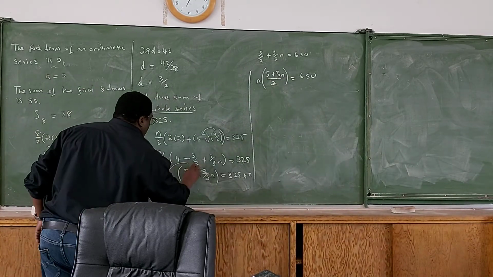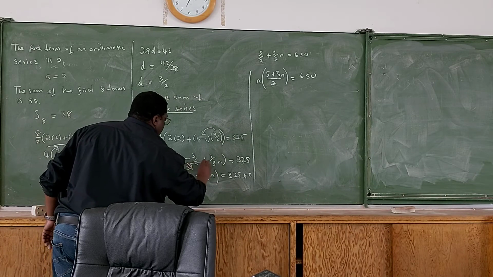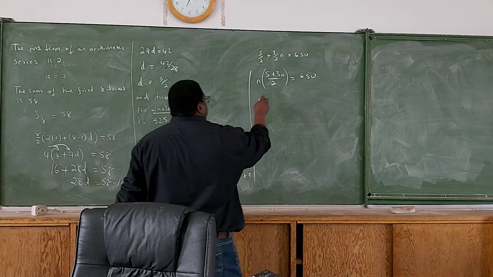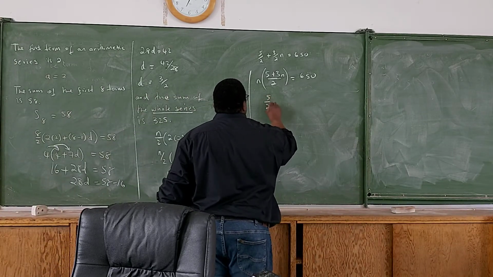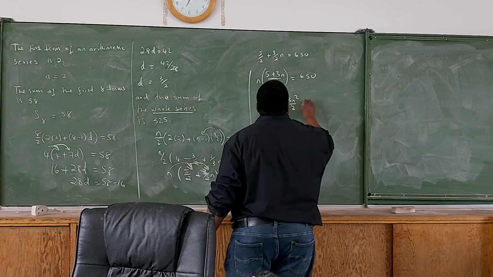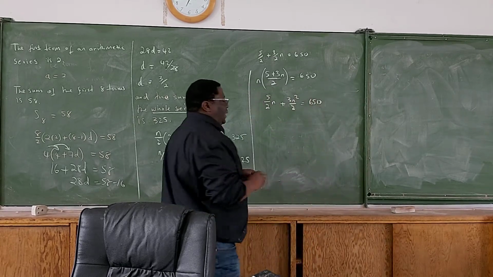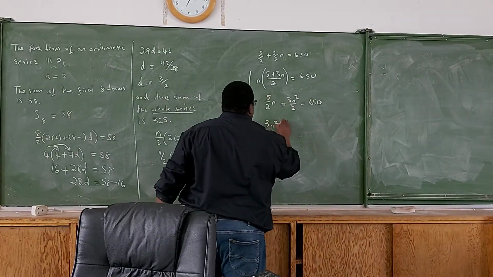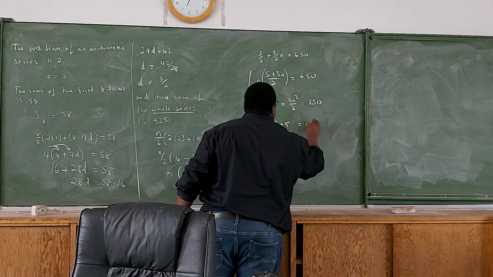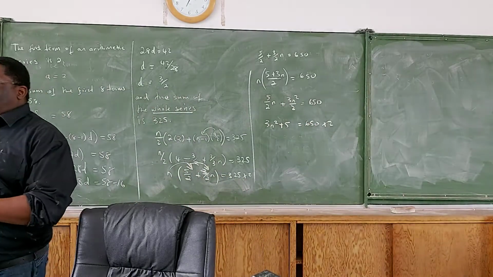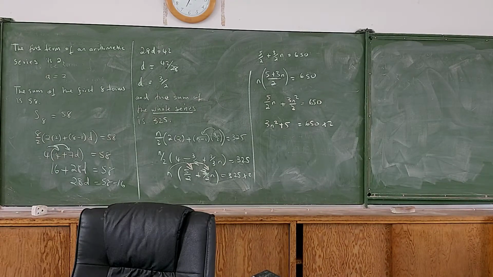Because what I'm doing is I'm going to multiply like that. So that becomes 5 over 2 n plus 3n squared over 2 equals 650. Am I right? So it becomes 3n squared plus 5n equals 650 times 2. You agree? Getting rid of that denominator.